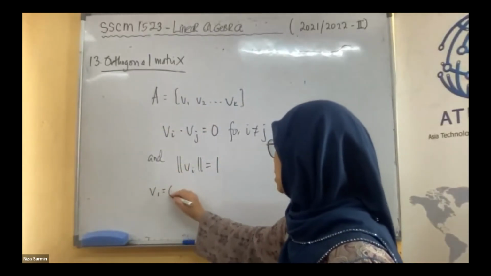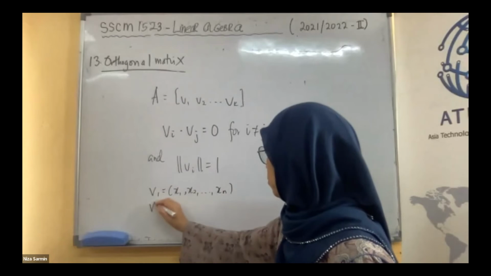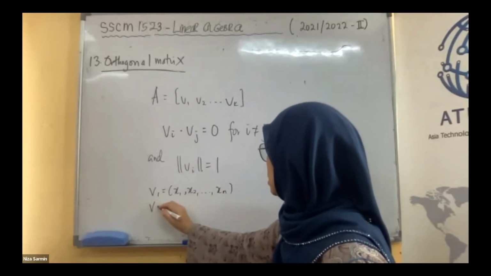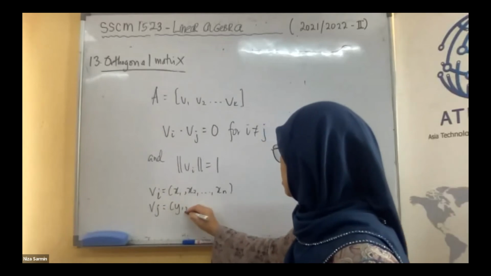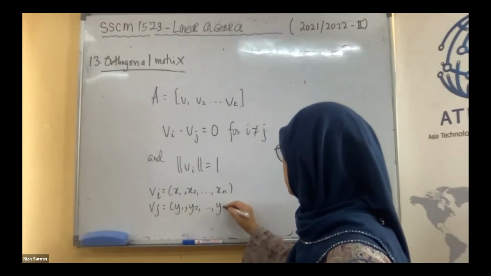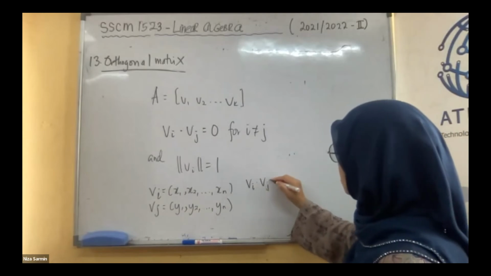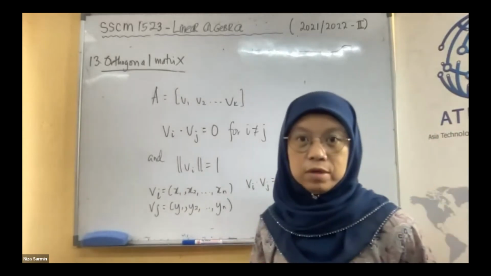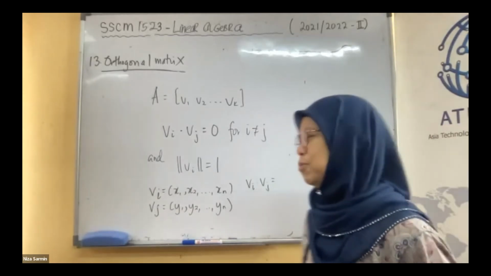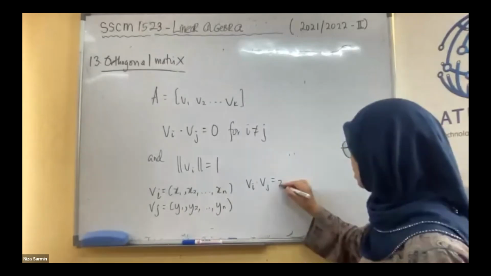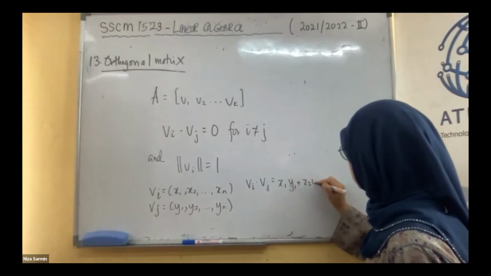How do you multiply? If you remember this, suppose V1 is this, I call it Vi, and Vj. So Vi dot Vj that we have learned from before, the dot product, you just multiply accordingly, right?